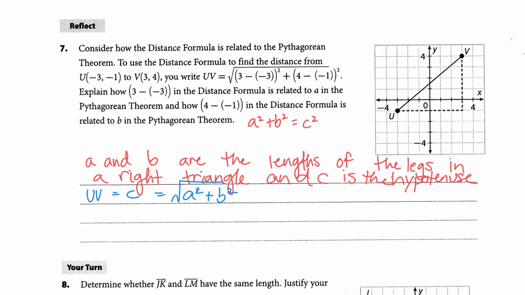So if we look at this triangle here, we have 1, 2, 3, 4, 5, 6, which comes from 3 minus -3. That would be the length of A. And over here, we have 1, 2, 3, 4, 5, which is 4 minus -1, the length of B.